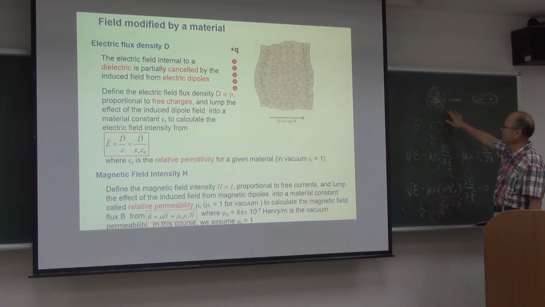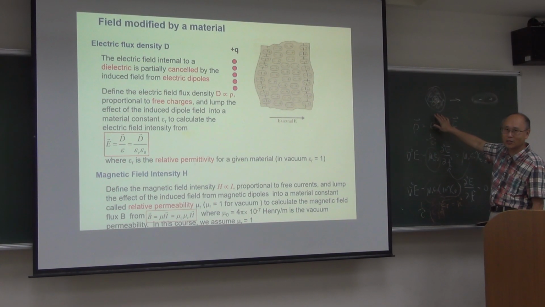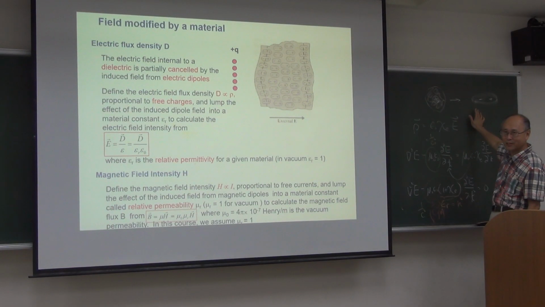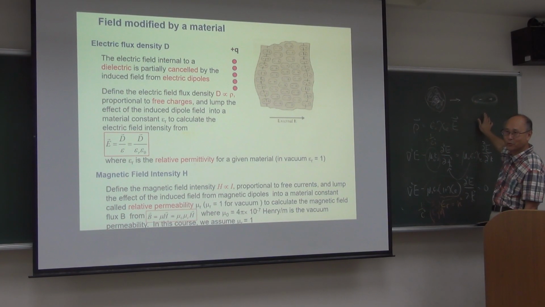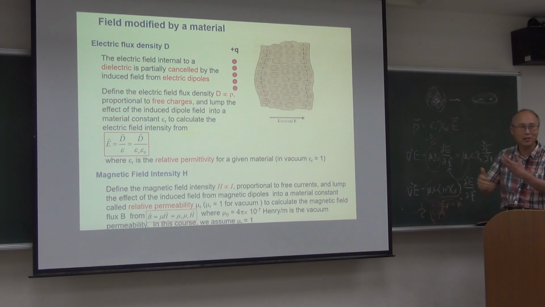And for the electric field to change the distribution of the electrons like this, you generate a dipole. Previously, you don't have a dipole. And then the wave will generate this dipole. And once you generate this and start the oscillation, you produce radiation.